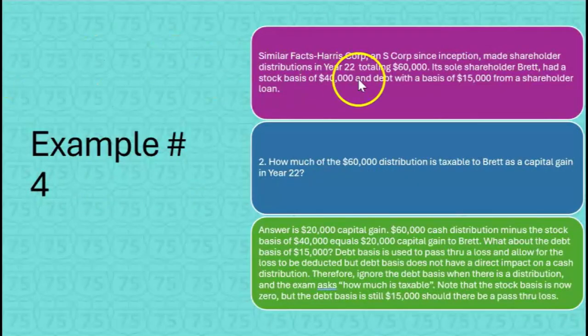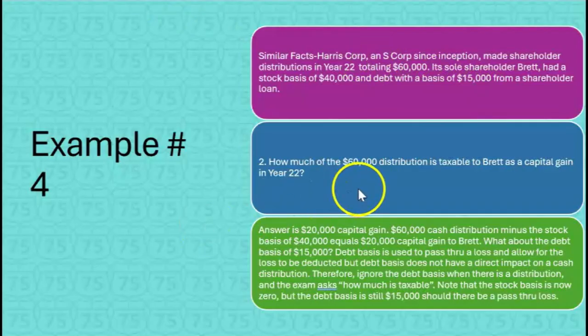We've got Harris Corp, an S Corp since inception, that made shareholder distributions in year 22 totaling $60,000. So not an S Corp loss of $60,000 this time, but shareholder distributions of $60,000. And its sole shareholder had stock basis of $40,000 and debt with a basis of $15,000 from a shareholder loan.